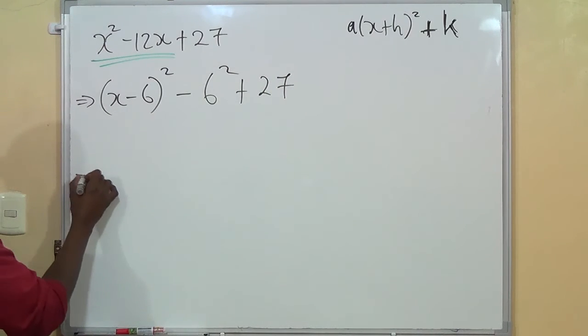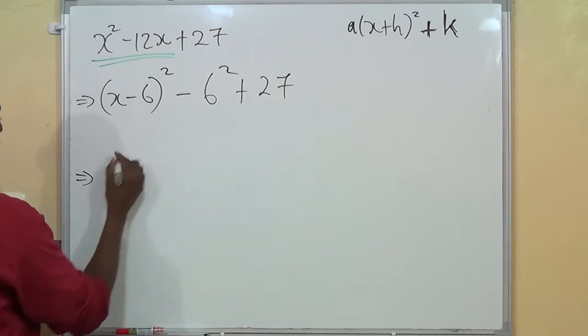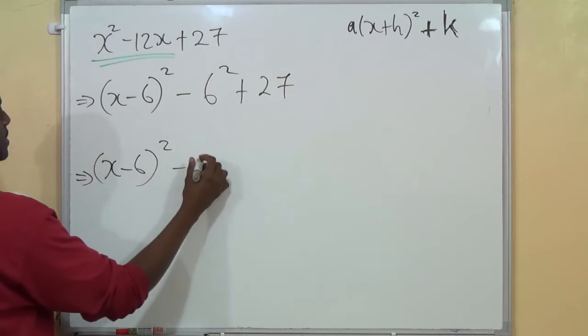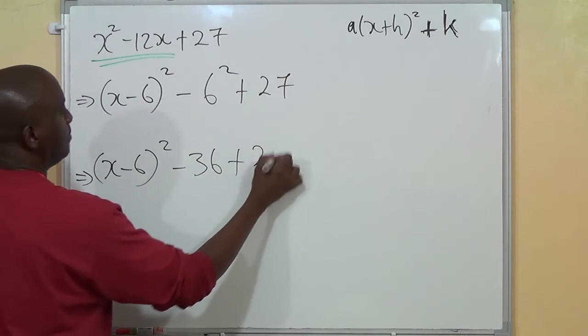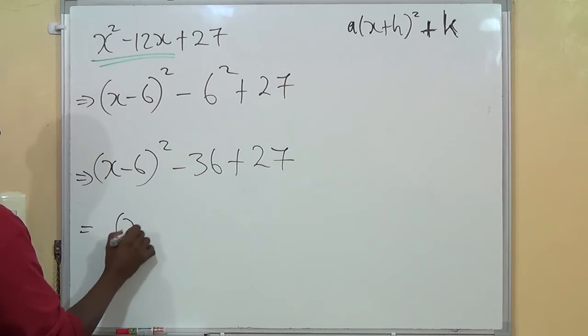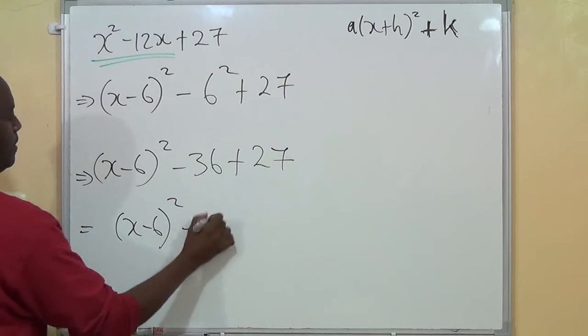Alright, so you work it out now, 6 squared is 36, so x minus 6 in brackets all to be squared, minus 36 plus 27. Minus 36 plus 27 will be minus 9, so you have x minus 6 all to be squared minus 9.